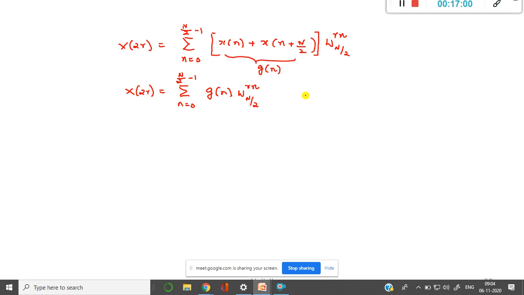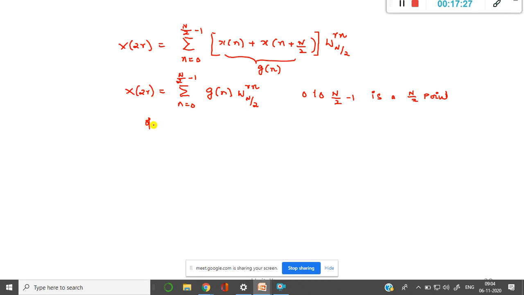Where r is ranging over the half portion, from 0 to N by 2 minus 1, and it is an N by 2 point DFT, right? So here I am getting only the even sequences of x of k.